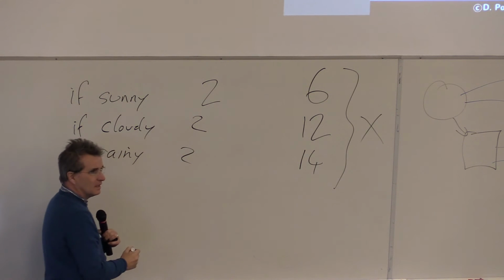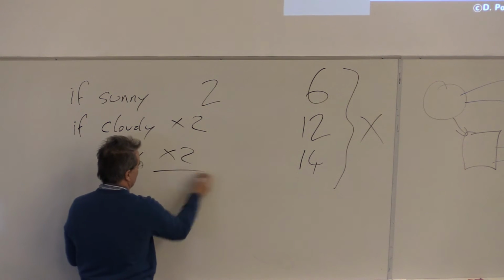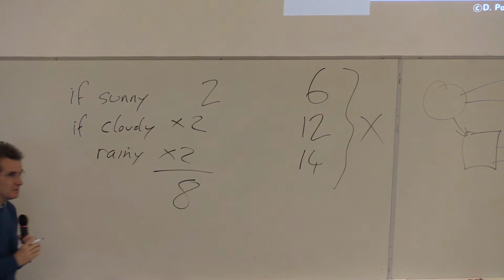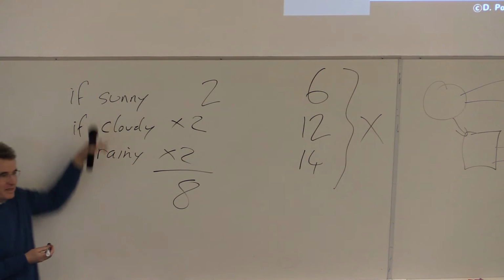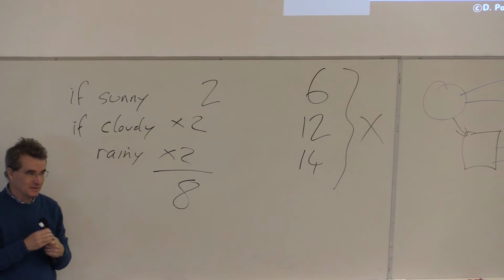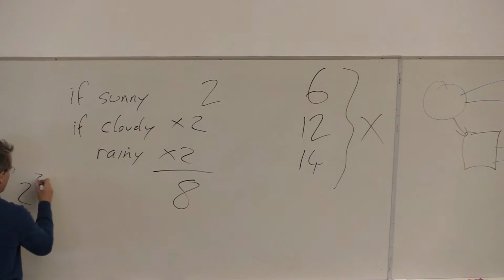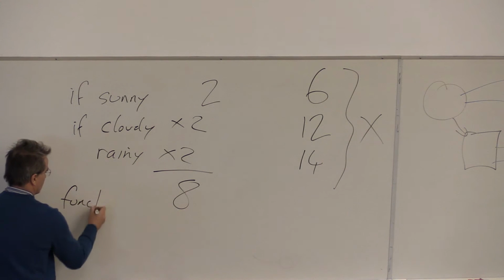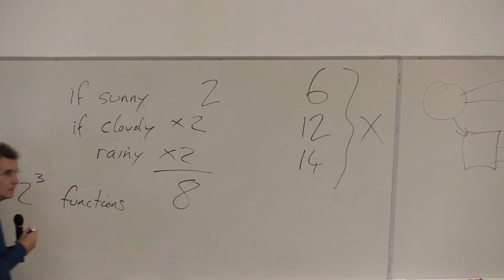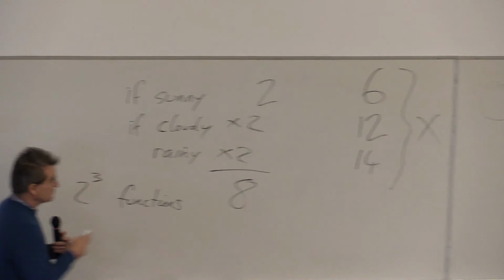Two. And so we can multiply these together and we end up with 8. So there are 8 possible assignments of these things. If you have a function from 3 elements into 2 elements, there's 8 of them. There's 2 to the cubed functions. That's one of these 8.